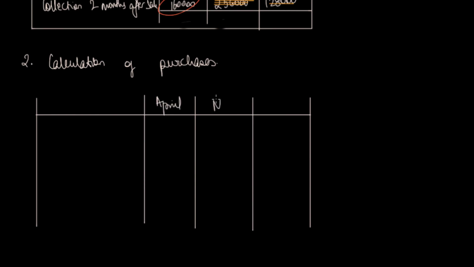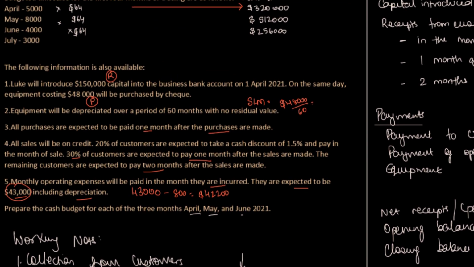April, May and June. So we start with the sales units. How many units were sold? 5,000, 8,000 and 4,000.